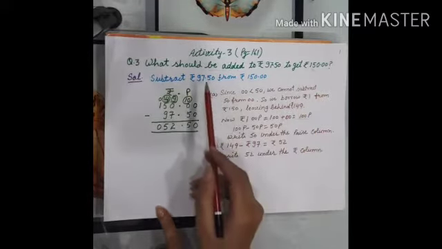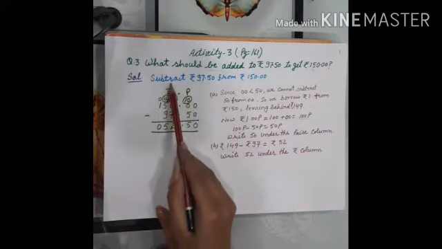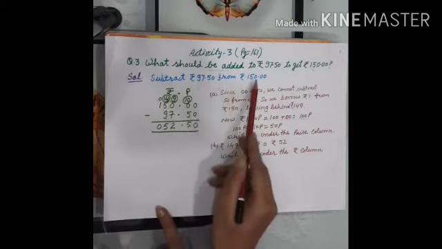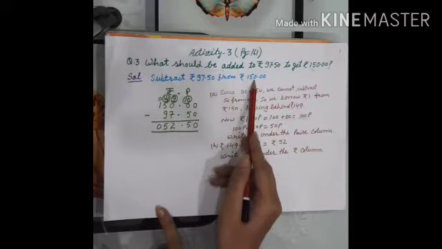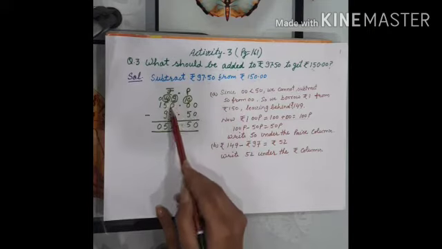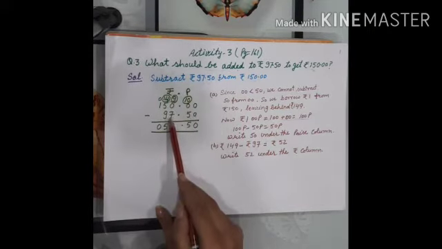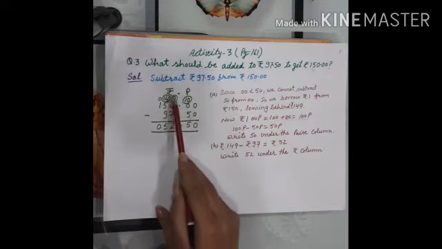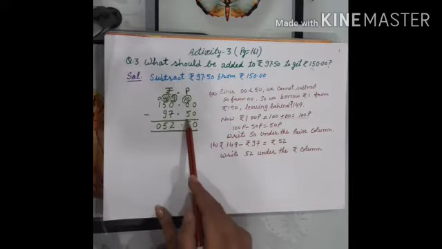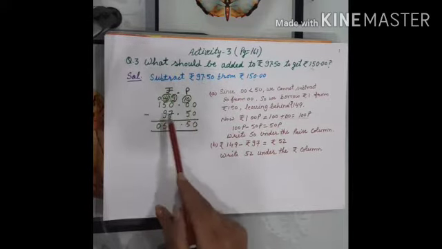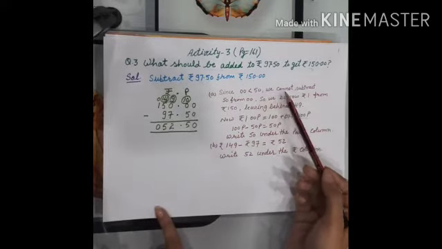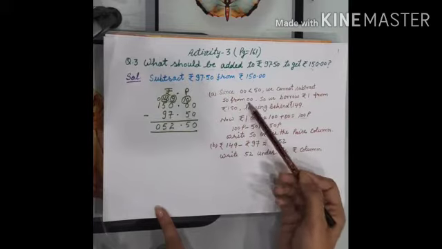To find the added number, we should subtract rupees 97 and 50 paise from rupees 150. Write rupees 150 in the rupee column, and rupees 97 in the rupee column and 50 paise in the paise column. Now subtract them. Since 0 is less than 50, we cannot subtract 50 from 0.